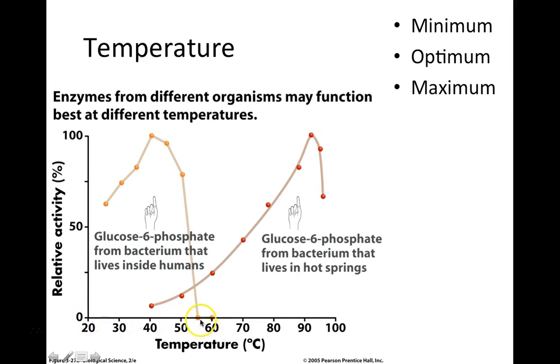This is an example of a denatured protein that's completely lost its function when we get down to zero activity. For the enzyme derived from the hot spring bacteria, when we reach a temperature maximum, we still have activity occurring.